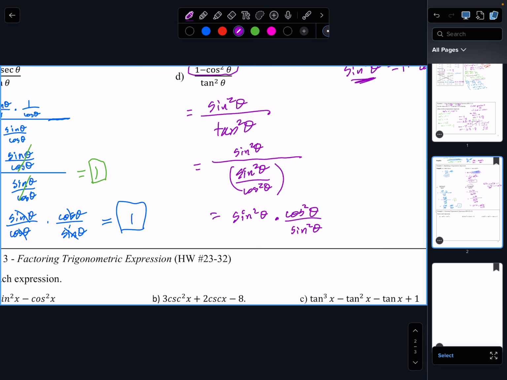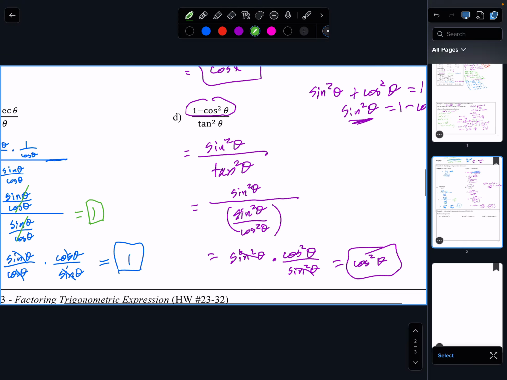You need to remember that that's a fraction in the denominator, so multiply the numerator by its reciprocal. And the sine squareds over 1, they cancel, and you get cosine squared theta. An alternate route is after you replace the numerator with sine squared, 1 over tangent squared is cotangent squared.